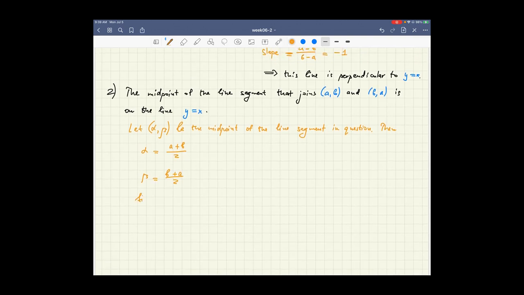And since one equals the other, since alpha equals beta, the point alpha comma beta lies on the line y equals x, as desired.